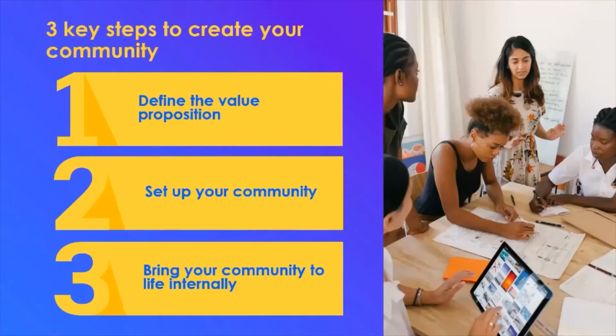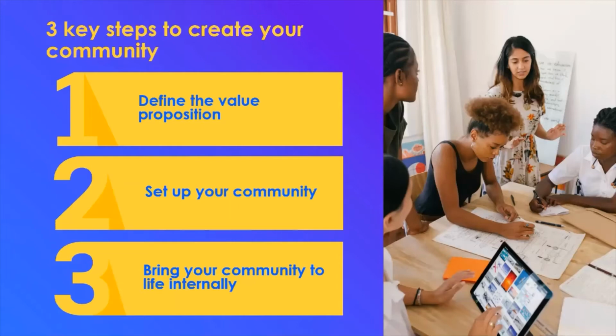There are 3 key steps when creating a community. First, you should define the value proposition. This means that you need to define what you are going to offer your member, what they will benefit from this experience. This is the concept of a community of interest that we talked about in our previous webinar. You need members to be interested in joining your community.